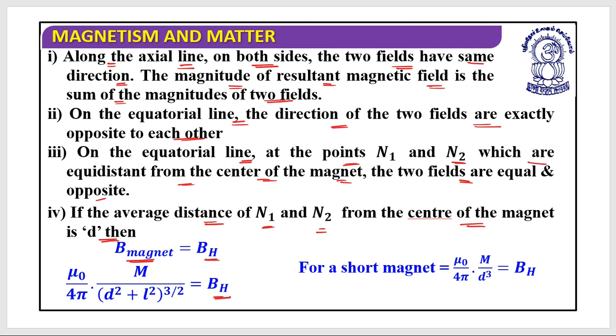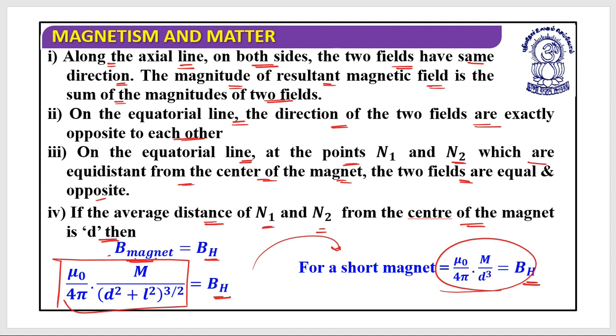Now this B of the magnet is on the equatorial line, so it is μ0/4π into M upon (d² + l²)^(3/2). If this magnet can be treated as a short magnet, then BH can be written as μ0/4π multiplied by M/d³.